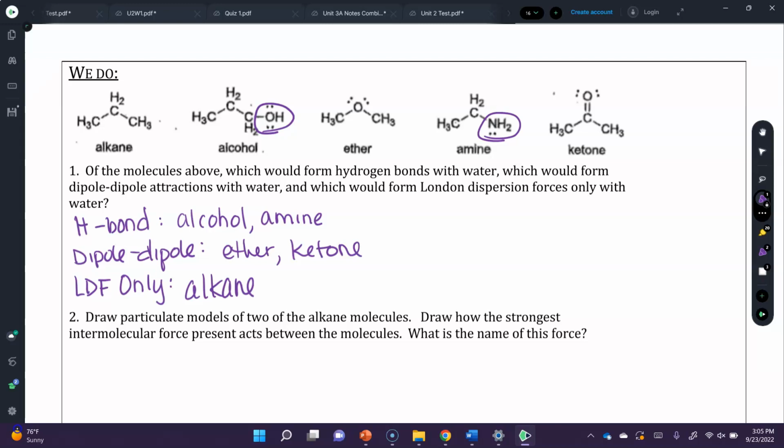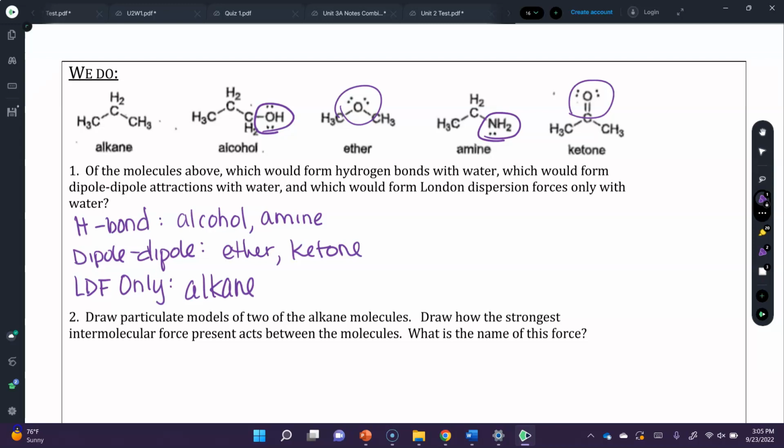To do dipole, that is ether and ketone, because those are polar groups. Even if water is capable of hydrogen bonding, the interaction is not as strong as a true hydrogen bond, so we call it a dipole-dipole interaction.